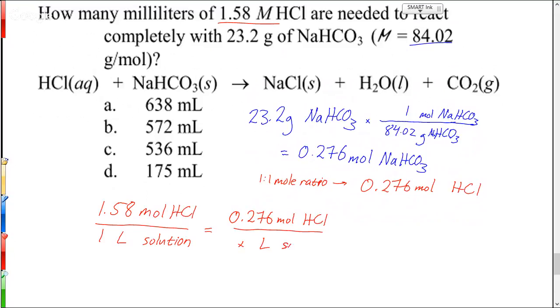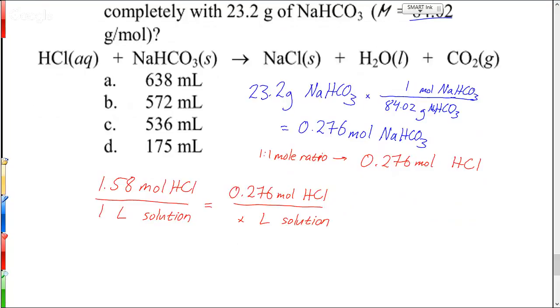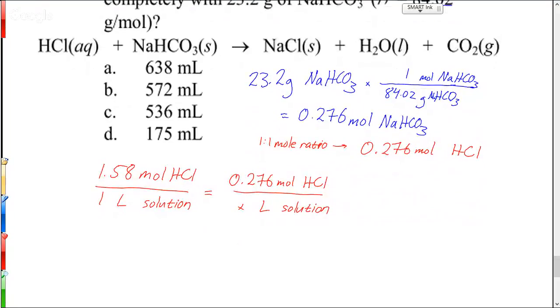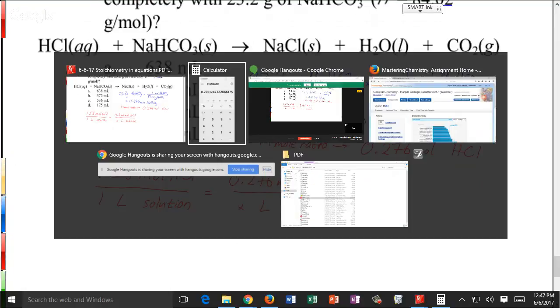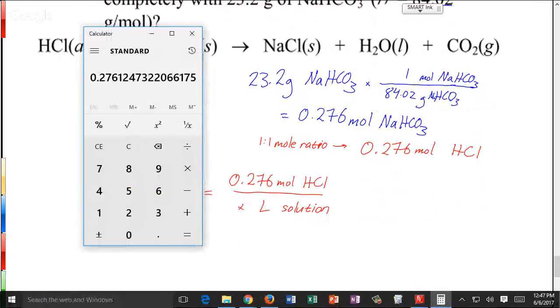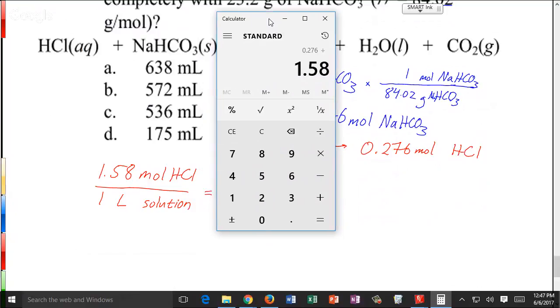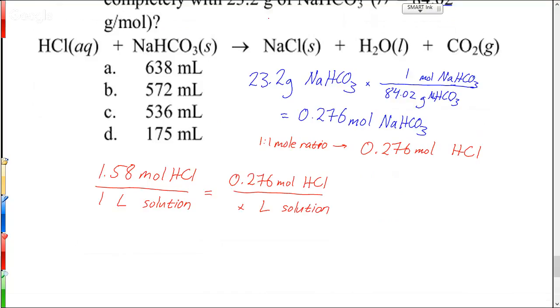So how many liters is that going to be? We solve that proportion by cross-multiplying and dividing, or however you've learned to do proportions, and you end up with 0.276 divided by 1.58, which is 0.175 liters or 175 milliliters.